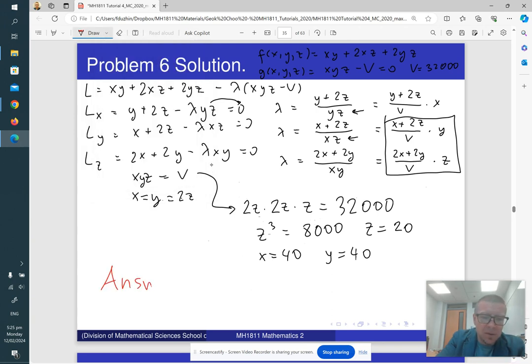So the dimensions of the box of the minimum possible area are 40 by 40 by 20 centimeters.